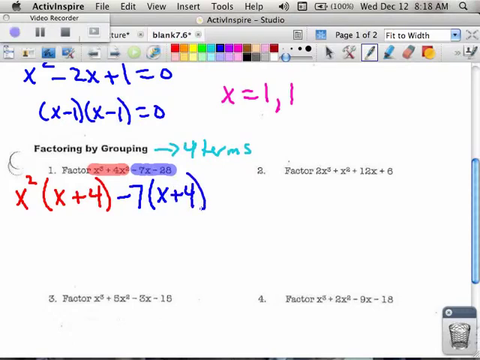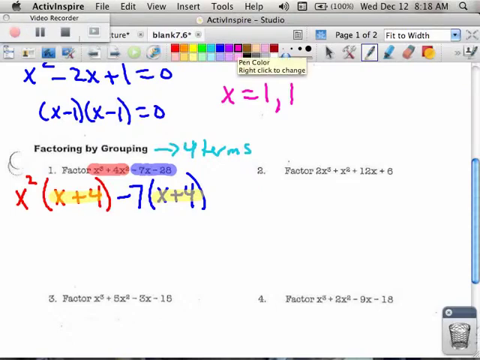Now if you do this properly, what's always going to happen is these 2 parentheses will be exactly the same. Always. What you do at that point, when those 2 parentheses are exactly the same, since they are the same factor, you write them down once.